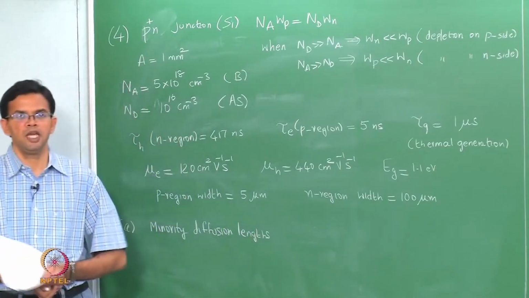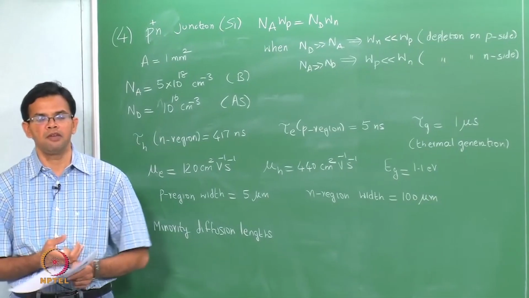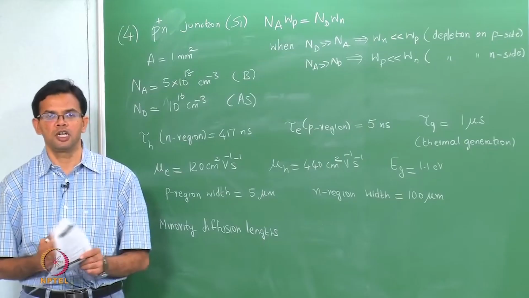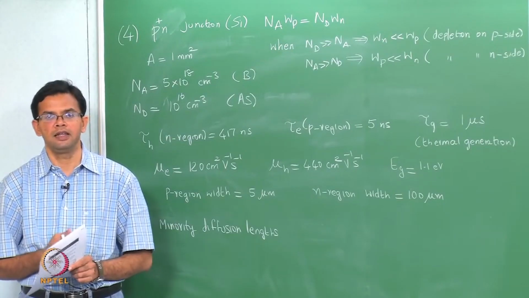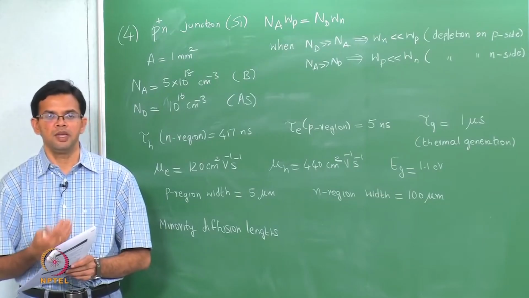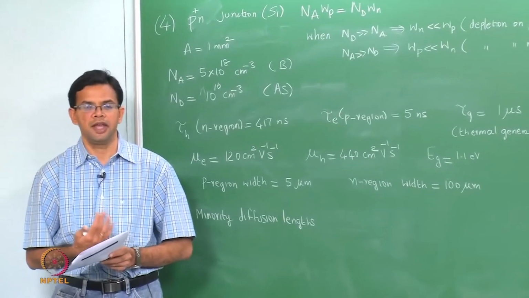In the case of a p-n junction under equilibrium, we have a dynamic equilibrium, so that electrons and holes are moving across the junction and constantly get annihilated. When we apply a forward bias, the p side is connected to the positive, the n side is connected to the negative.